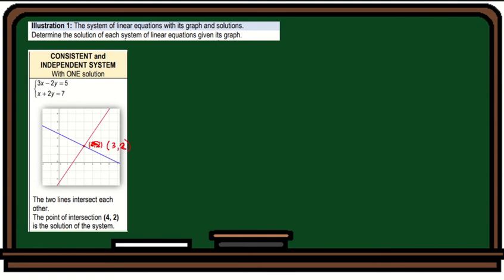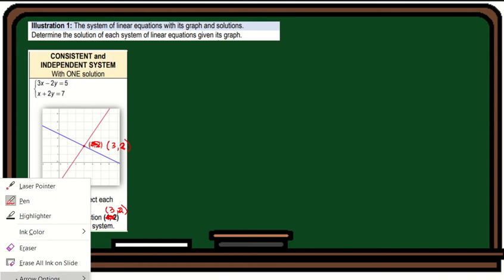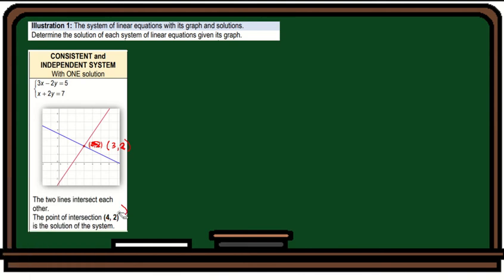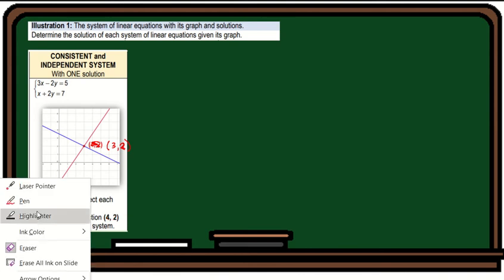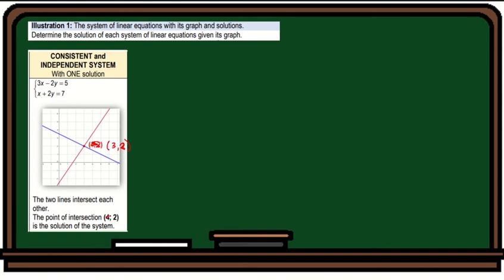So this 3 and 2 is the solution of our system. Ito yung sinasabi niya dito, has one solution, kasi they only meet at one point or one ordered pair, which is 3 and 2. So this is the graph of our consistent and independent system.